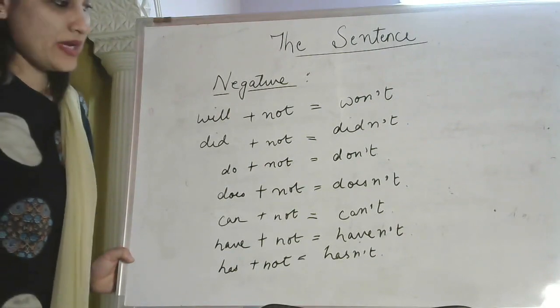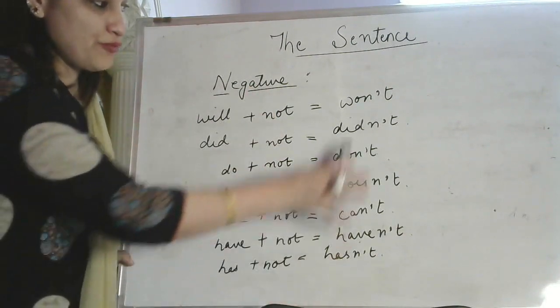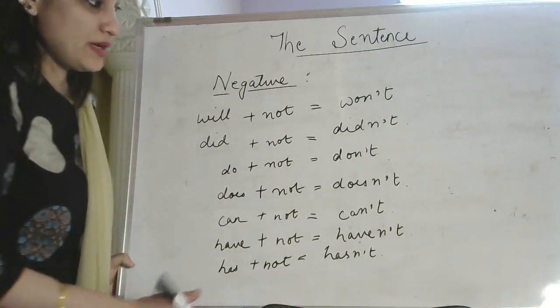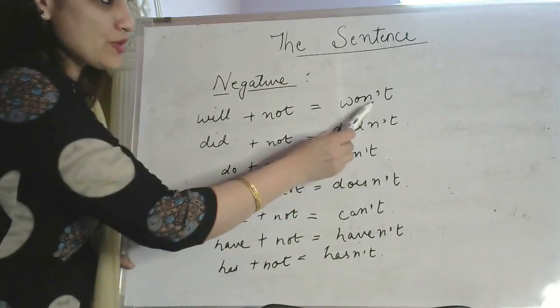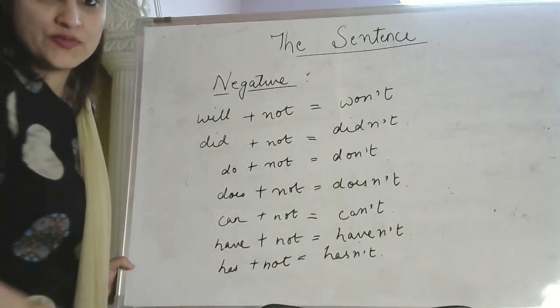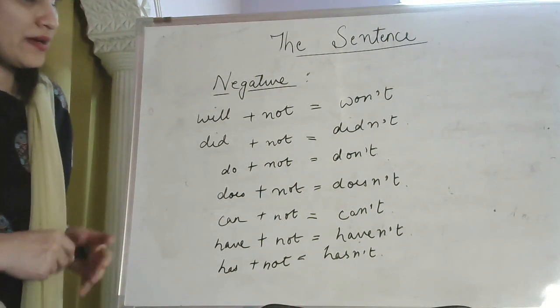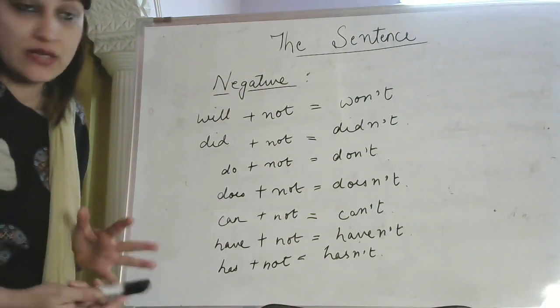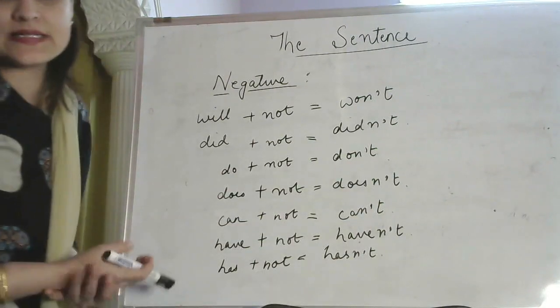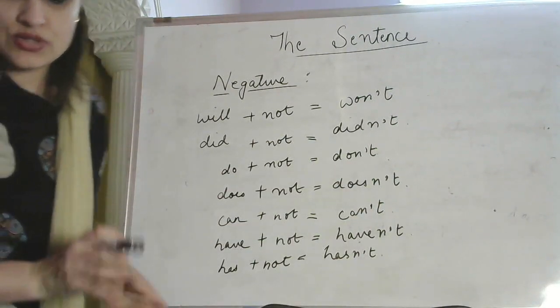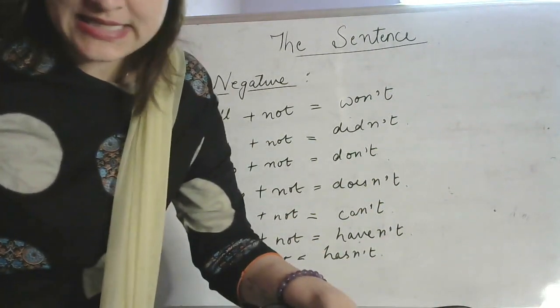That is it, right? So remember, this is how you will be forming negatives. Remember, please do keep in mind these apostrophes that you can see, right? Do not place them here and there. It is the fixed place, right? So this is how you can form negative sentences.